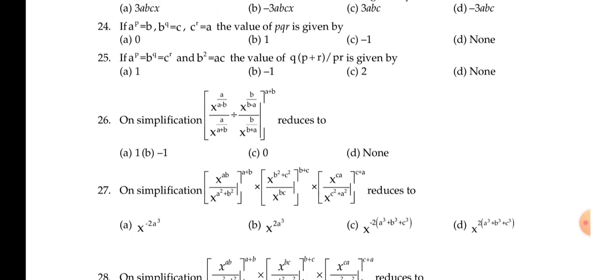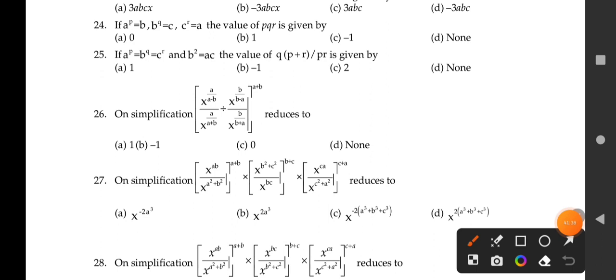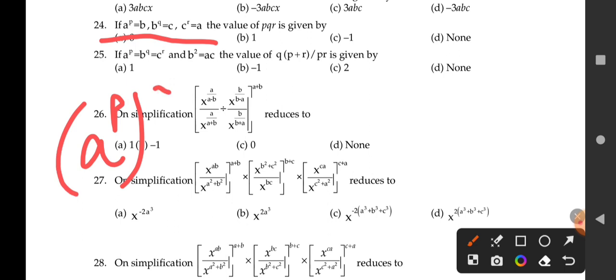Question number 24, again a very easy question, we have already done. Let us substitute. So this is given, so let us substitute b in the second equation. So b is equal to a power p, whole power q, is equal to c.